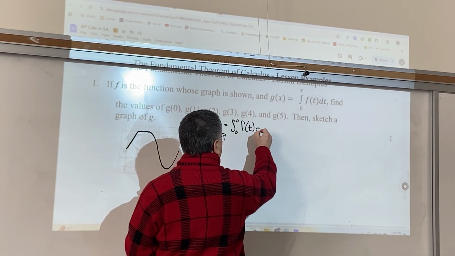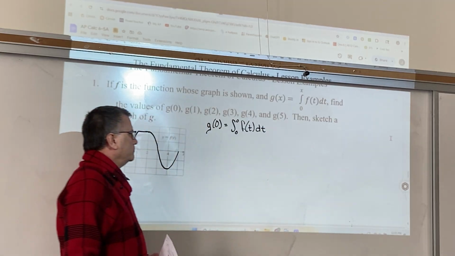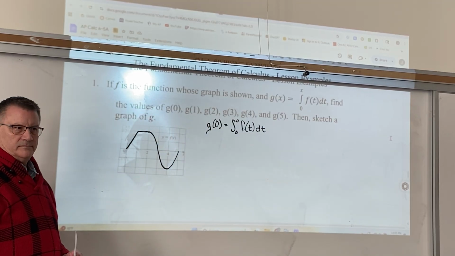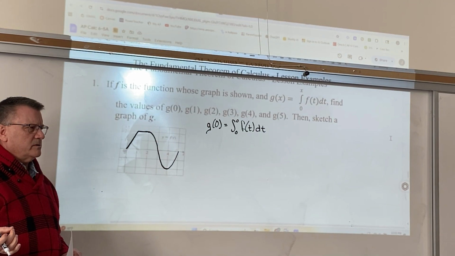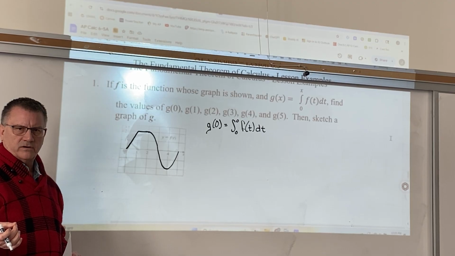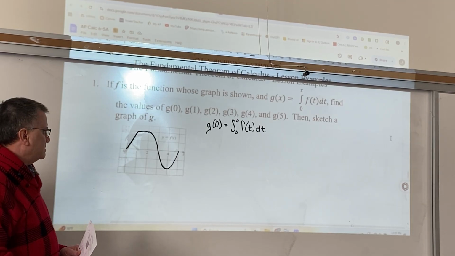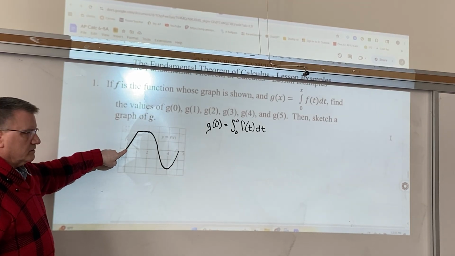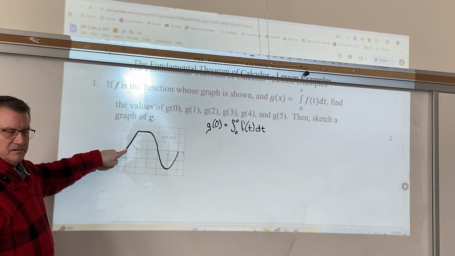F of t. Okay. Remember the integral is the net area under the curve, between the curve and the x-axis. So I'm going from 0 to 0. What do you think that is? It's 0.